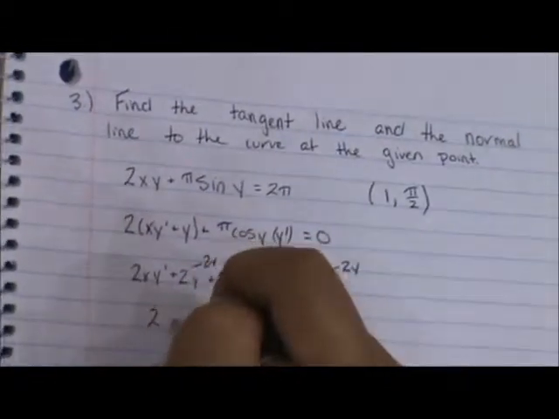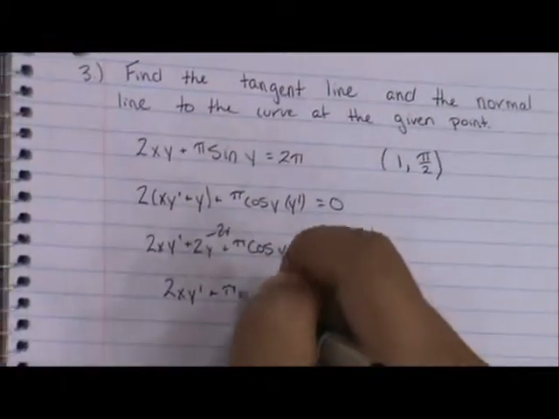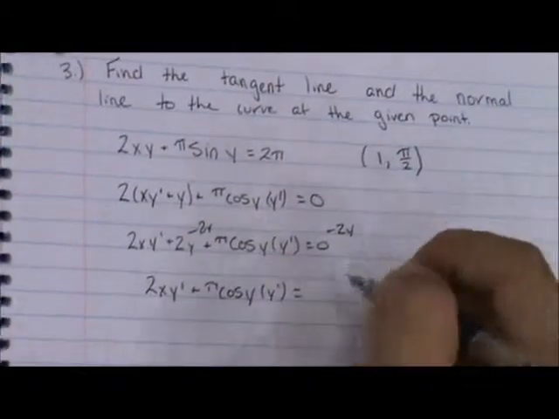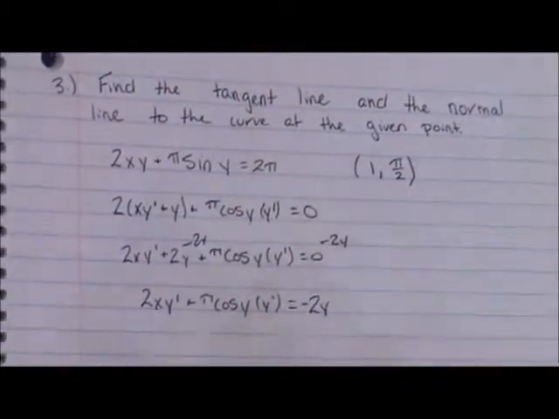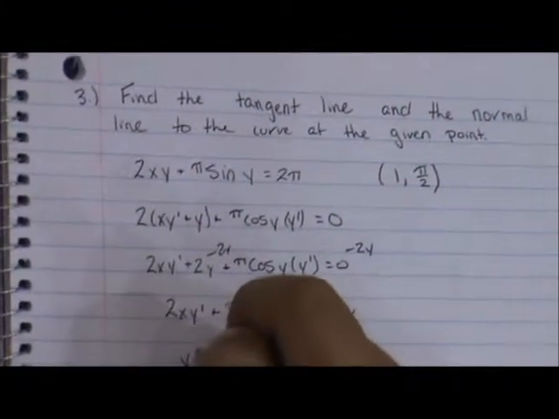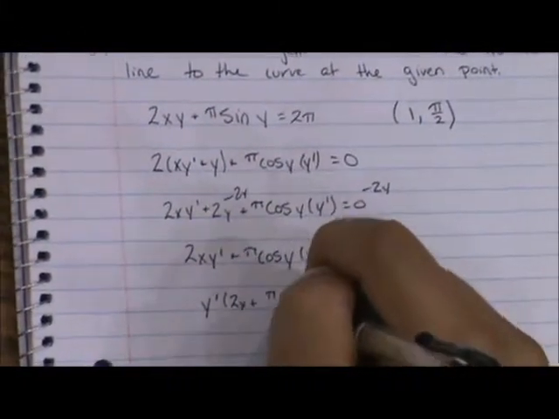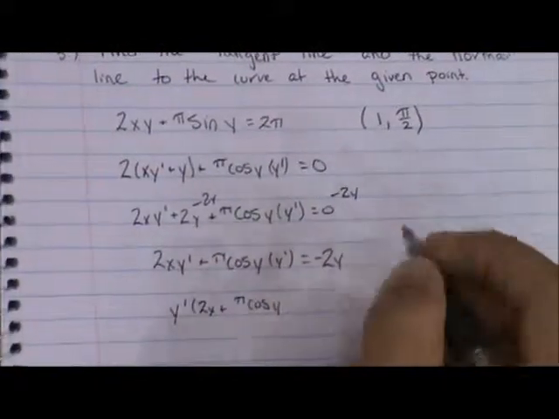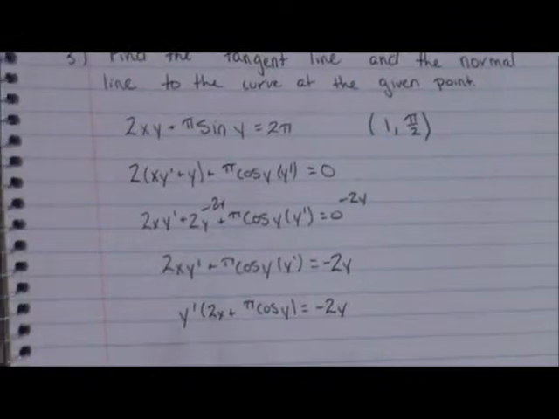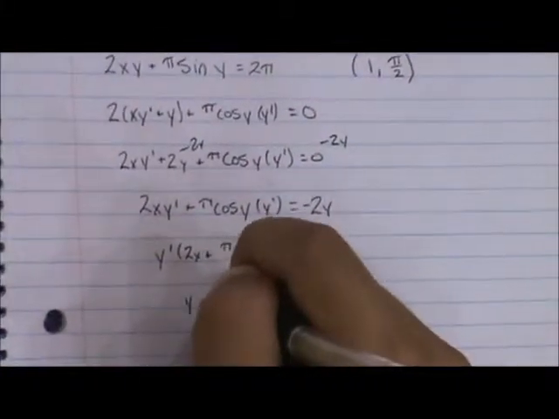Now you have 2xy prime plus pi cosine of y times y prime equals negative 2y. Now you're able to pull a y prime from the equation. So you get y prime times 2x plus pi cosine of y equals negative 2y.